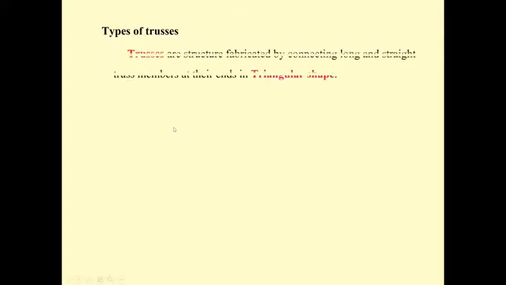And then we come to consider the type of trusses. The trusses are structures fabricated by connecting long and straight members at the ends in a triangular shape.